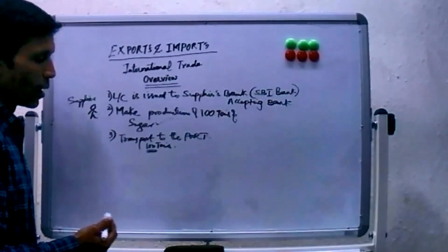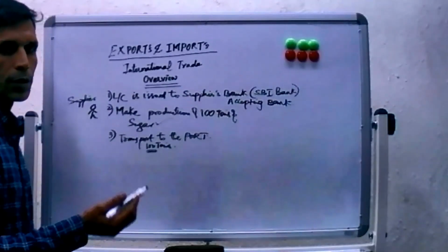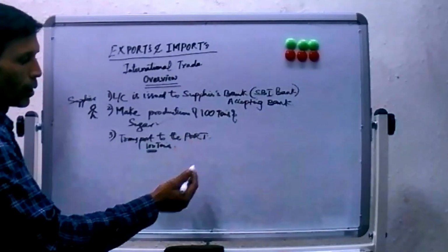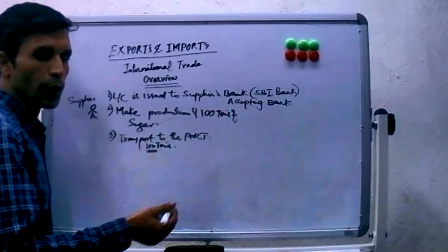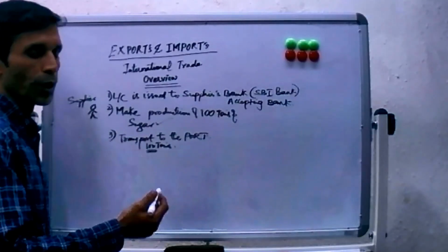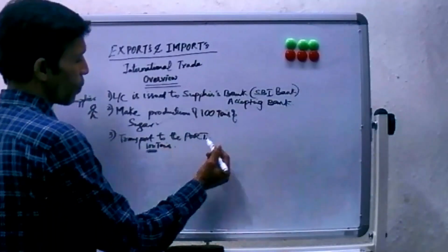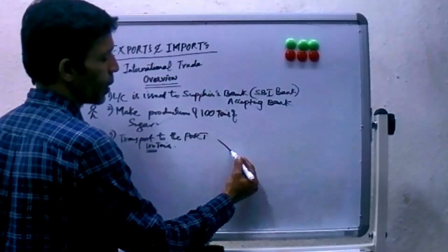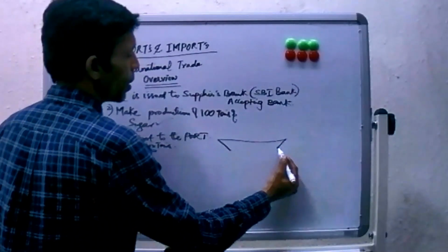If it is a 40-ton trailer, then it can take about 3 trailers to transport these 100 tons of sugar to the port area, I mean, to load on the ship. Transportation is done, and now it has gone to the ship.